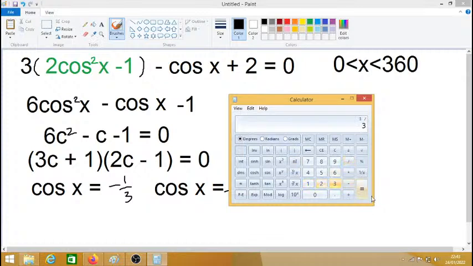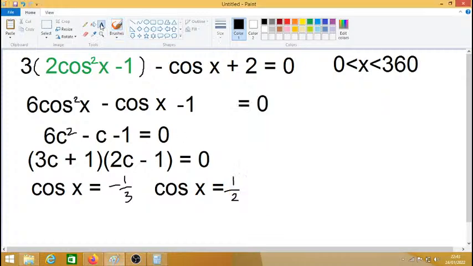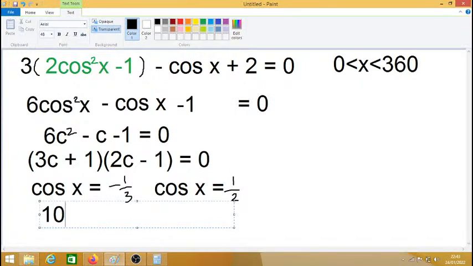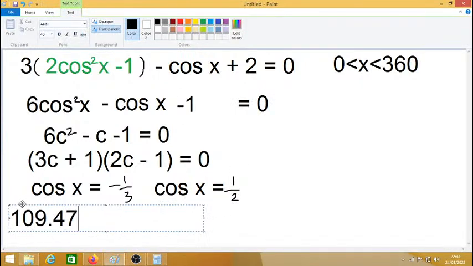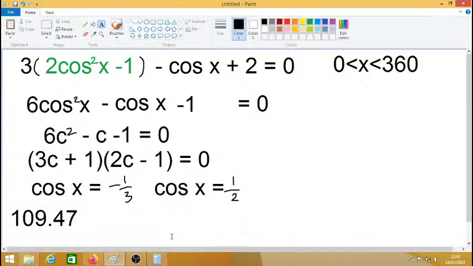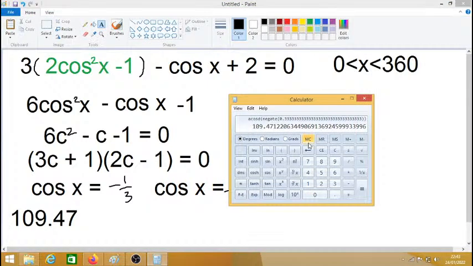So 1 divided by 3, that's your minus a third. Let's inverse cos that. So we get one answer which is 109.47. But there is another answer that goes with that, that pairs with that. Try to think how we get that. Let's go on to the next one. Cos x equals a half.